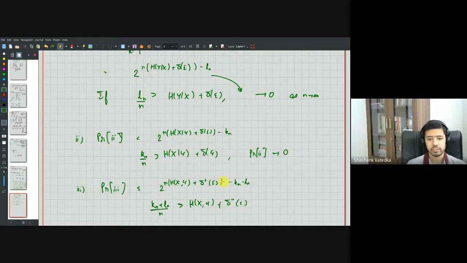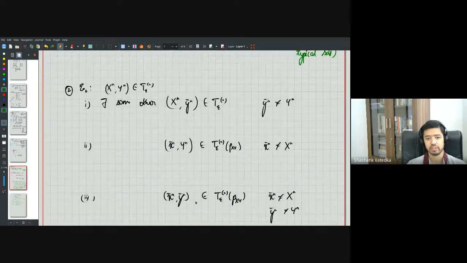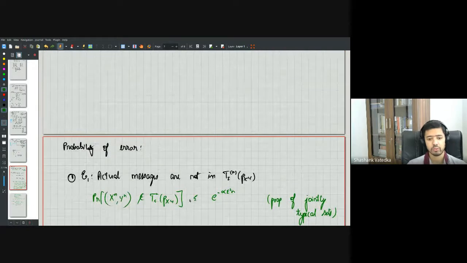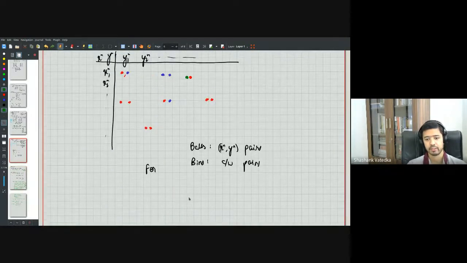Each of these probabilities tends to 0 as n tends to infinity, and therefore the overall probability of error is also vanishing in n.